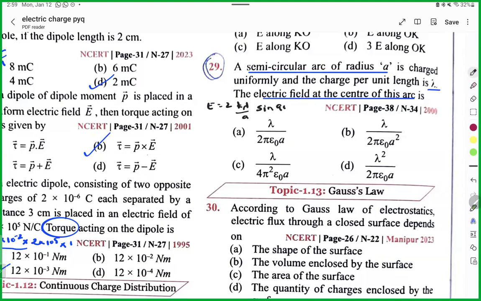It is 180, so sin 90, which will be equal to 1, so it will be 2 into k lambda by a, that is 2 into 1 by 4 pi epsilon naught lambda by a. Understood, guys? Direct formula: electric field is equal to 2k lambda by a sin alpha by 2. This was the formula.